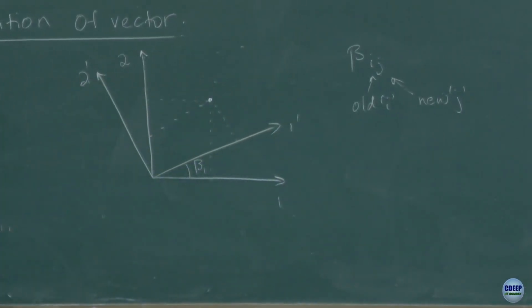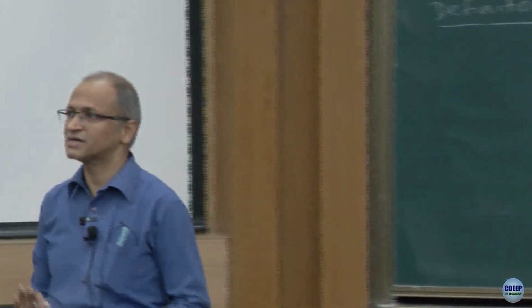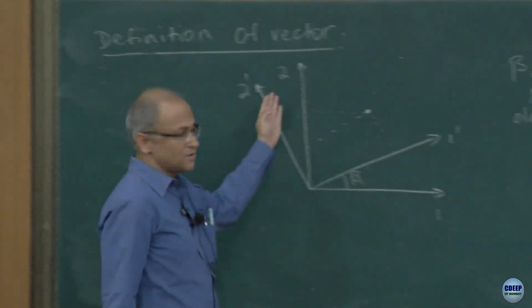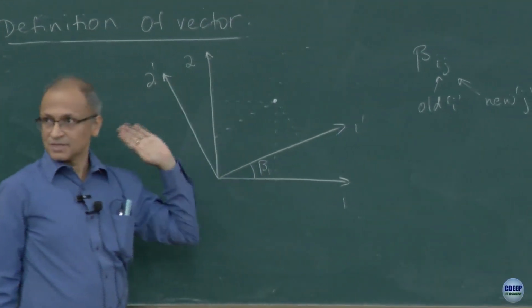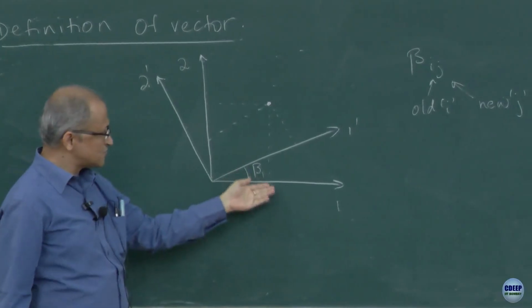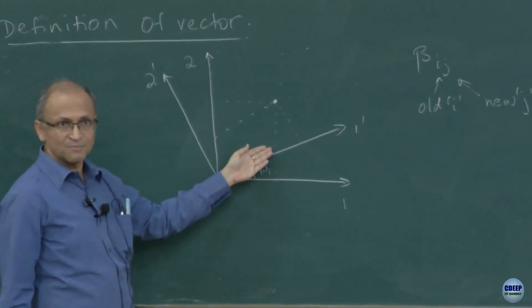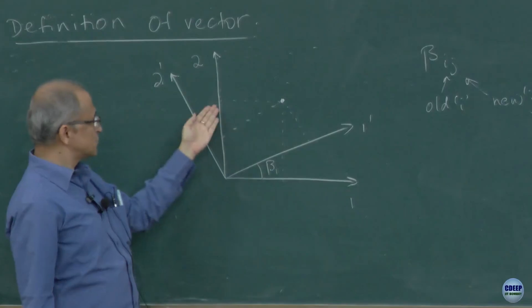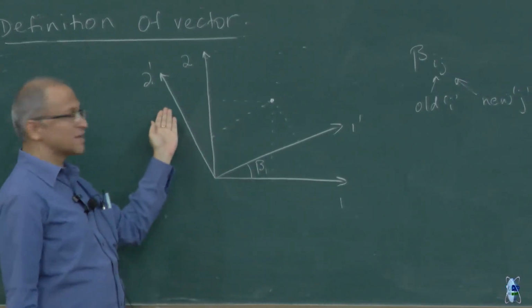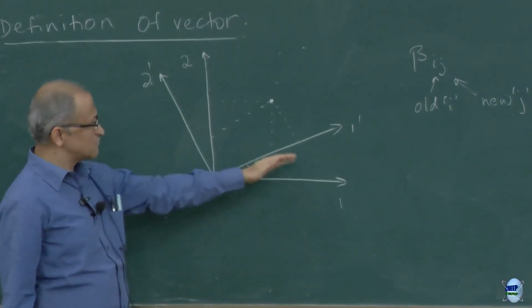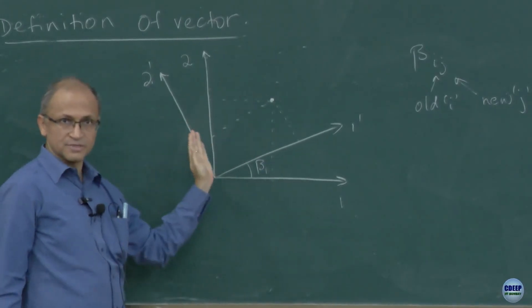Now let us understand clearly what exactly we are talking about. We have 4 lines here, and there are certain angles between these lines. 1 and 1 prime can make an angle, 1 and 2 prime can make an angle, and similarly 1 prime can make an angle with so many other things.